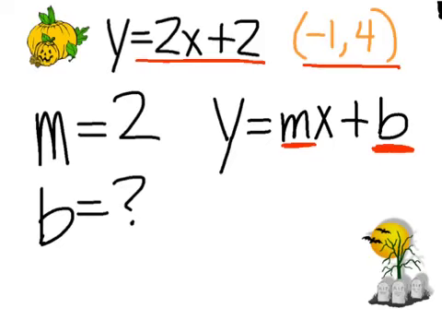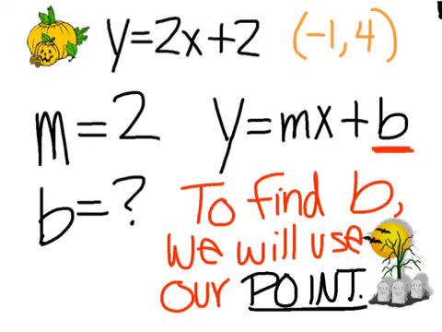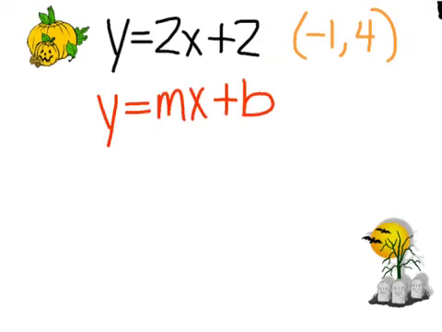Now we need to find our y-intercept. So our slope is 2. To find our y-intercept, we're going to use our point, negative 1, 4. We're going to take y equals mx plus b. We're going to plug in our slope. What's our slope? 2. Where do we plug that in?